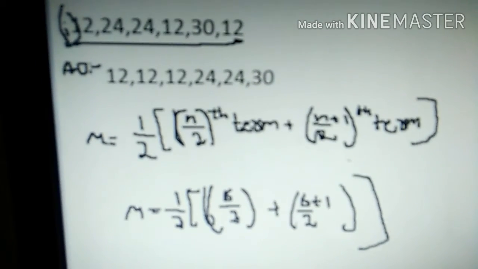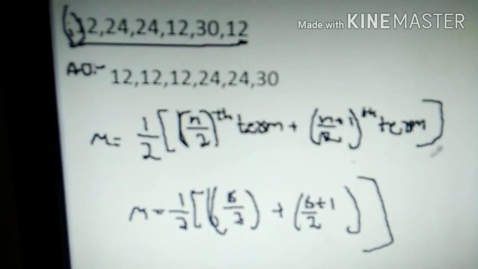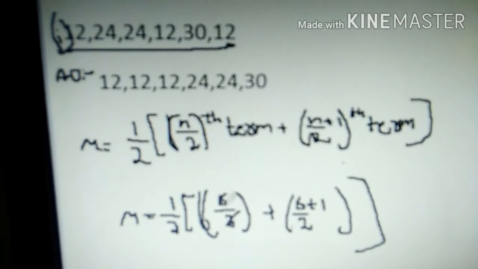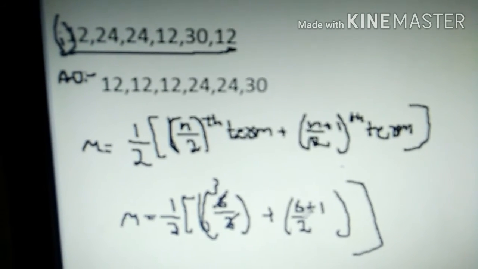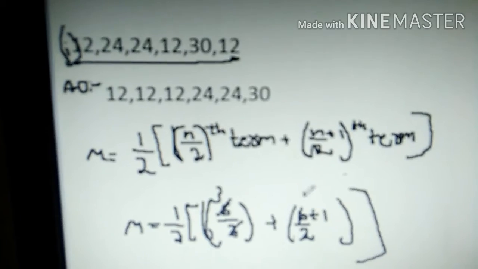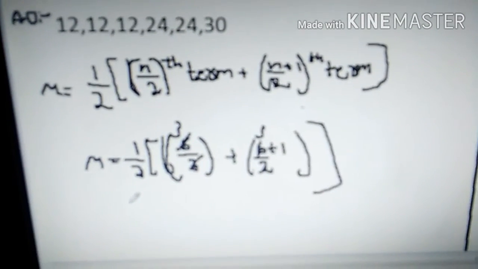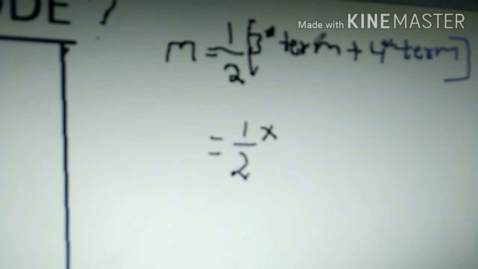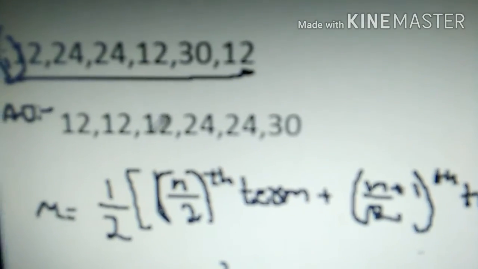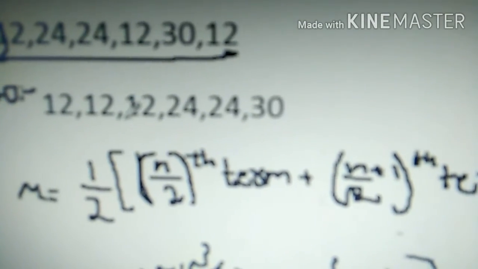Now we need to cancel them. 2 threes are 6, so 3, and 3 plus 1 is 4. So we write the next step, which gives 1 by 2 into the third term and fourth term. In this, the third term is 12 and the fourth term is 24.